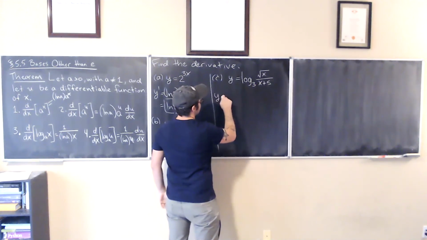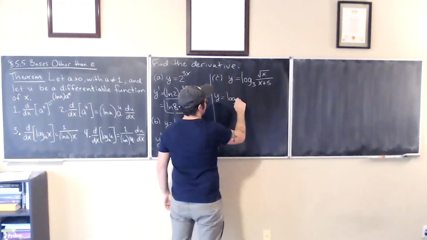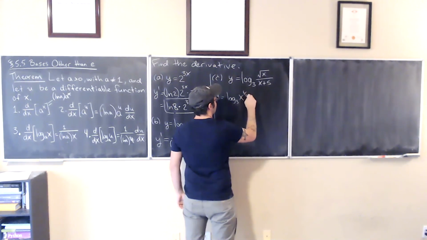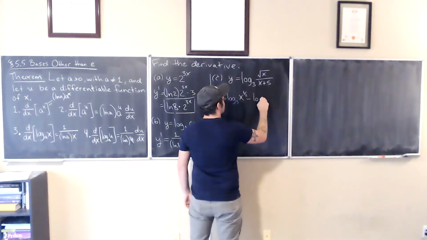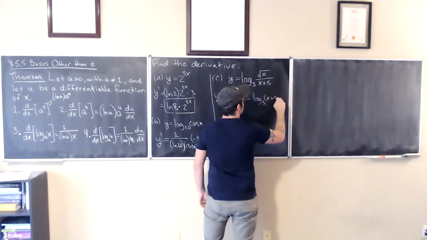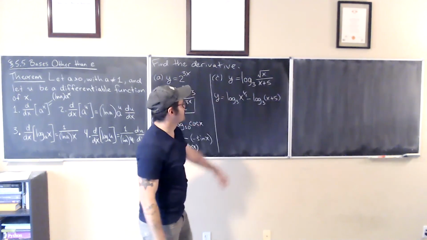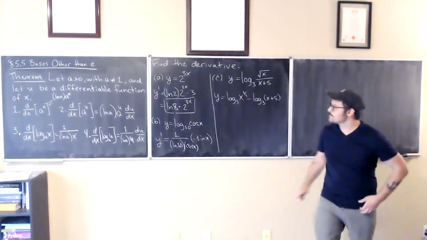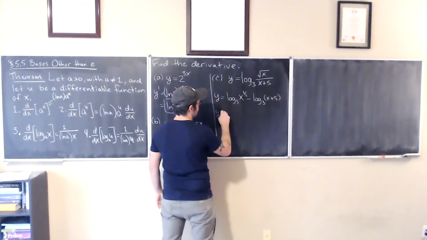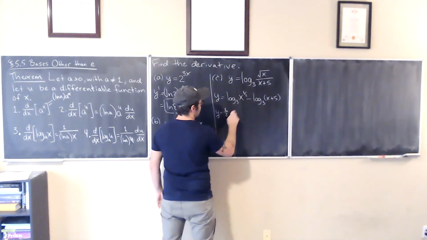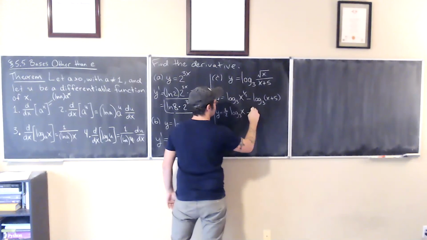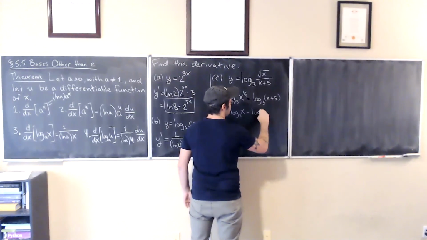So if I do that, I get that this is equal to log base 3 of x to the power 1/2 minus log base 3 of x plus 5. This is division, I can always expand out. Then I can simplify even more by bringing that exponent out. I can't do anything here.